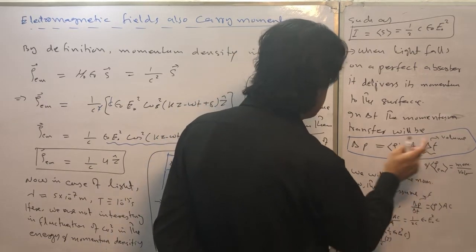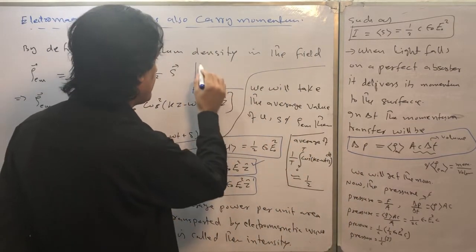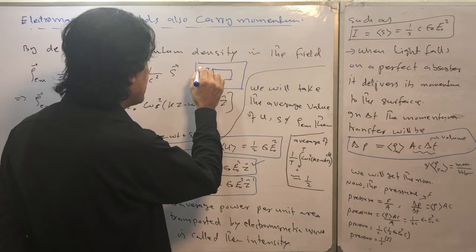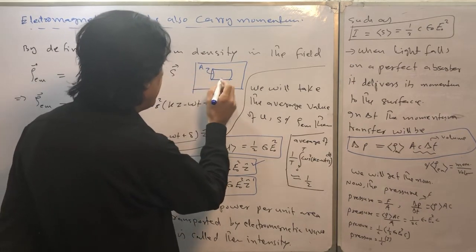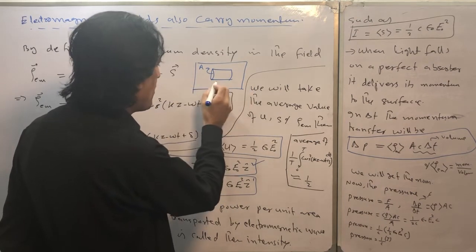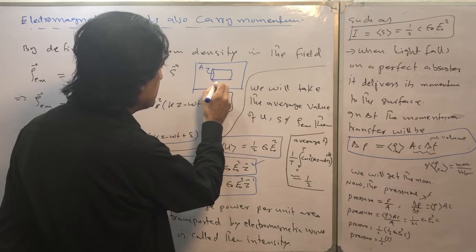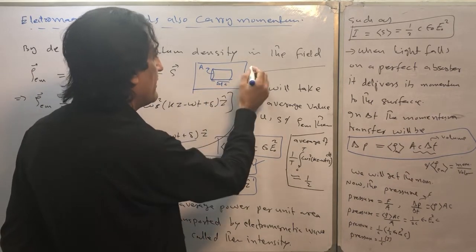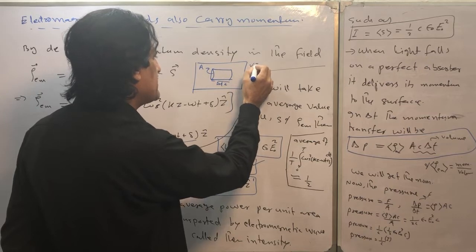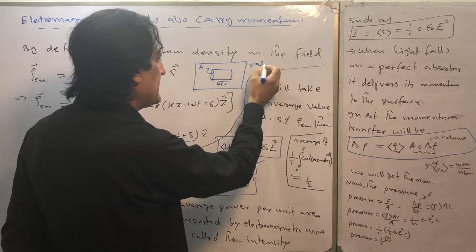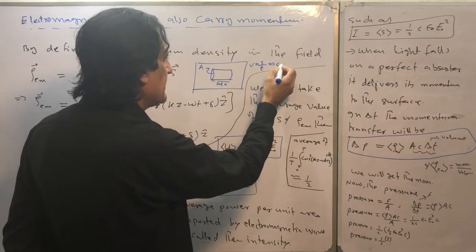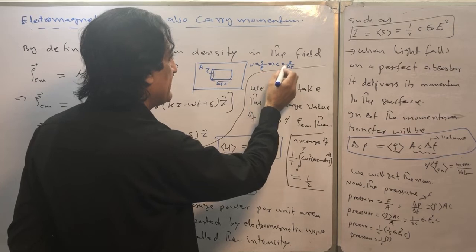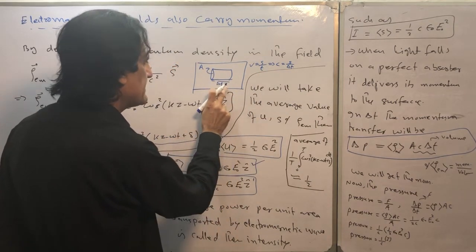Consider this area of a cylinder-type region, and in a time delta t the wave propagates a distance. Velocity c is equal to s divided by delta t, so this distance is equal to c delta t, and this is the area.